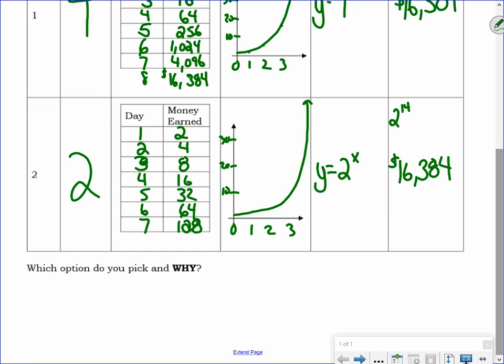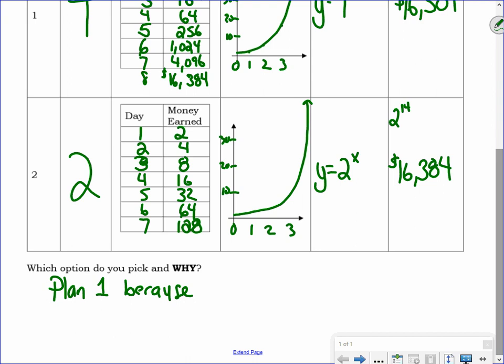$16,384. Now, it says you must pick one, okay? Well, since they make both money, what would make sense is to choose plan 1. And why is that? Well, in plan 1, you make the same amount of money as you do in plan 2, but you work less days.